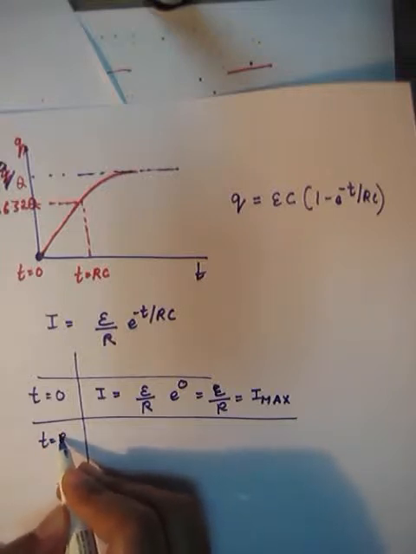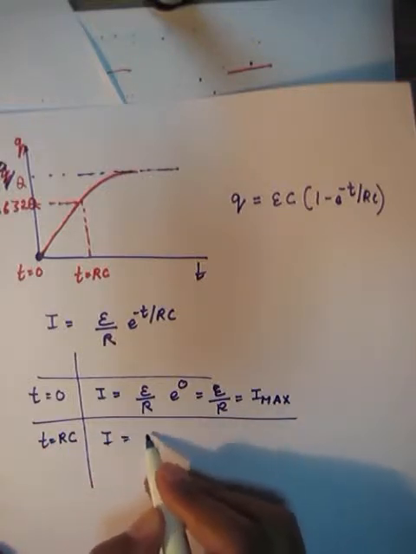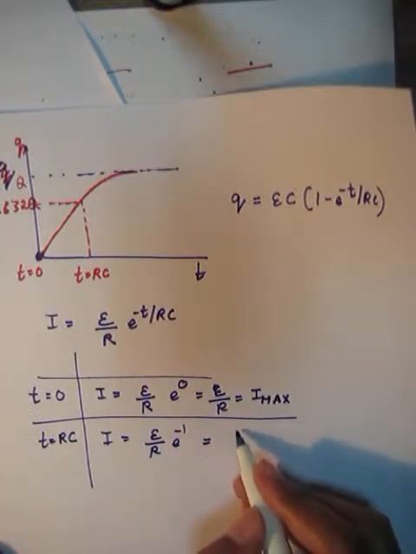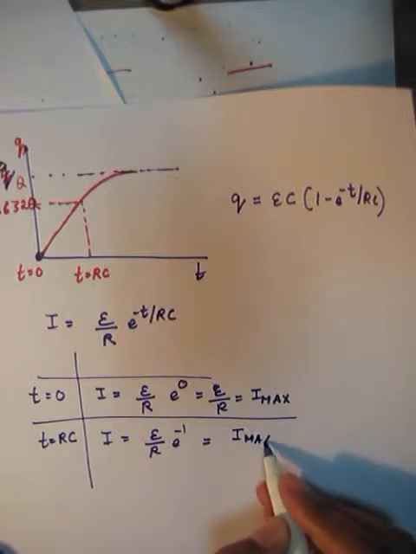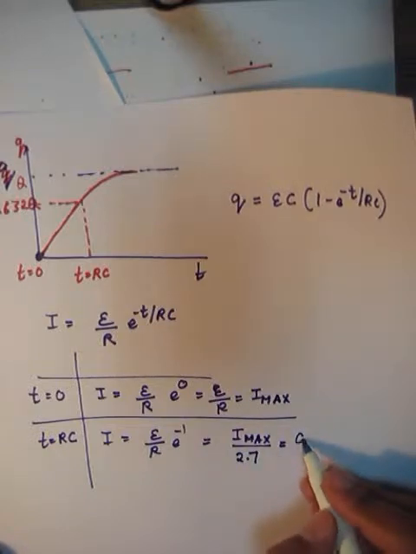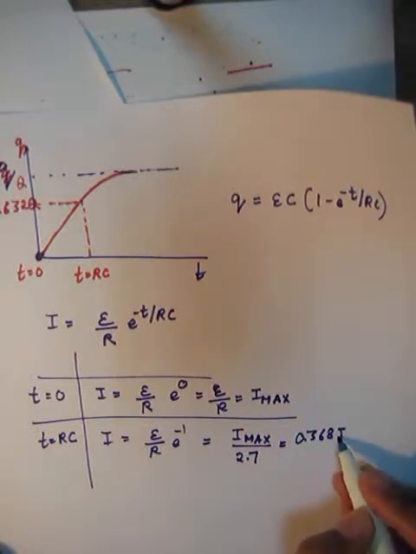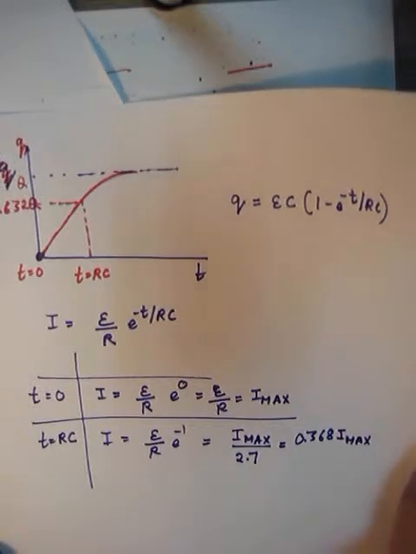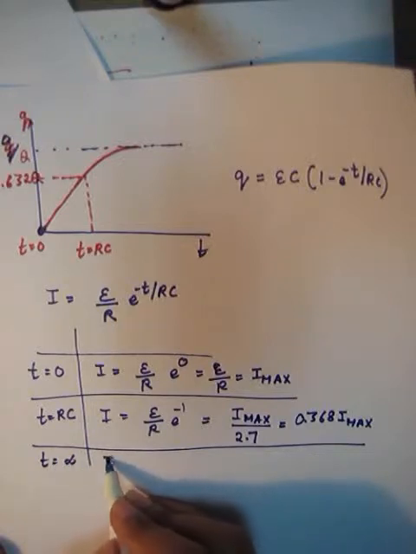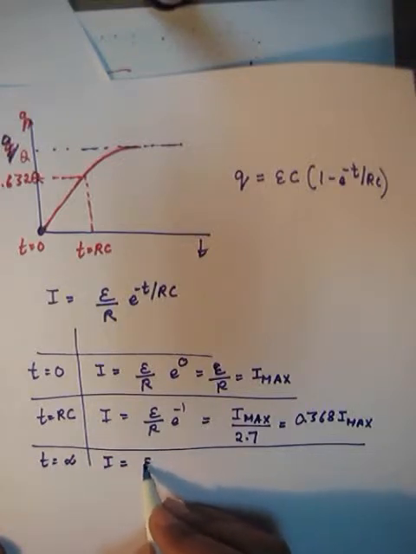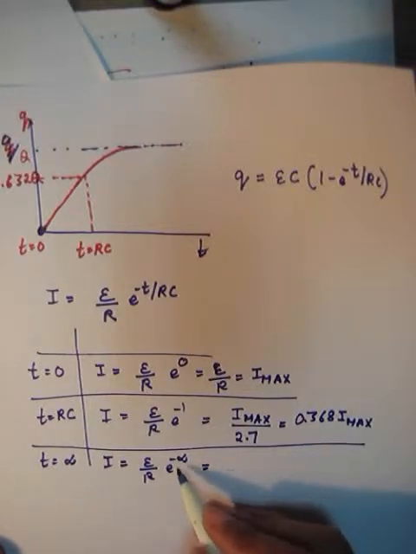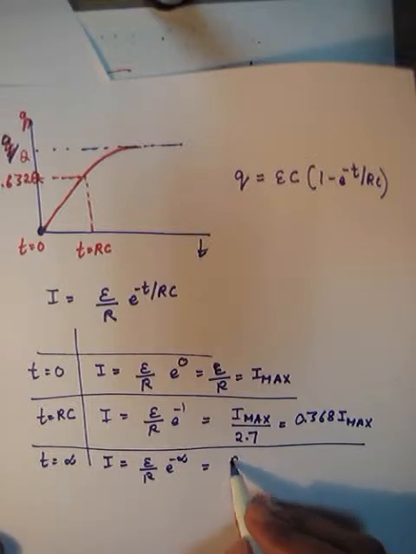At time equal to RC, current will be epsilon upon R exponential minus 1, so it will be I maximum upon 2.7, which comes out to be 0.368 I maximum. Okay, and then at t equal to infinity, current will be exponential of minus infinity, which will be 0.